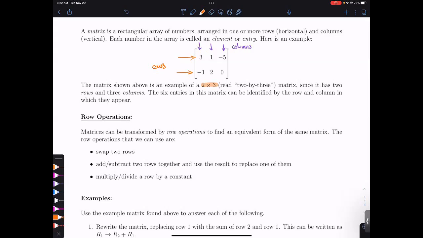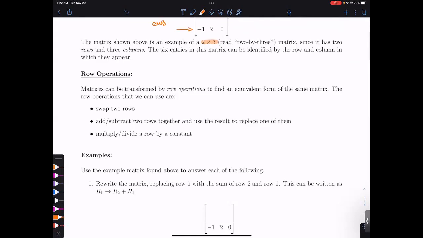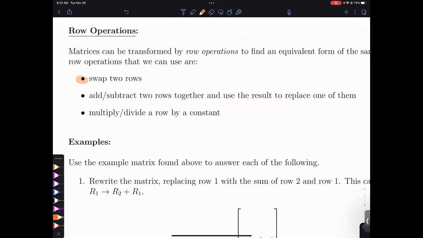The operations that we can use are swapping 2 rows, adding or subtracting 2 rows together and using that to replace one of them. That's pretty much what we do when we do elimination, right? You take the 2 things, you add them together, you get a new thing. That's what adding or subtracting 2 rows together is essentially doing. Or multiply or divide a row by a constant.